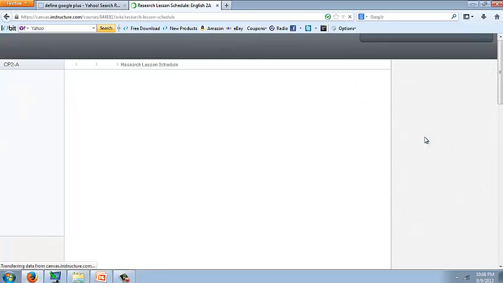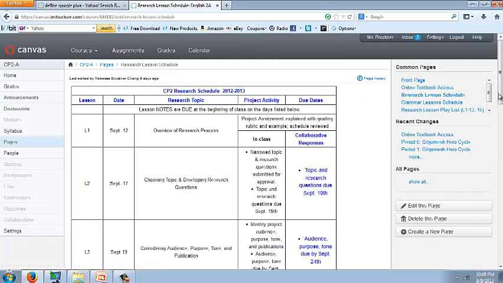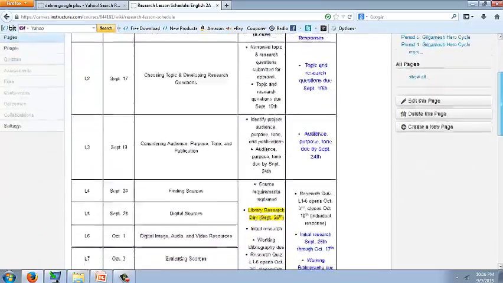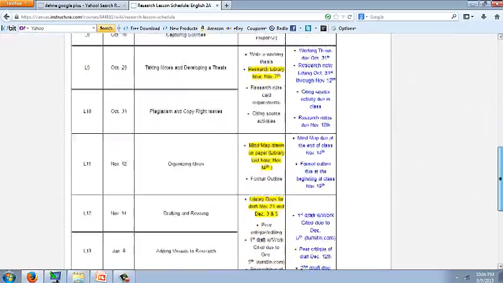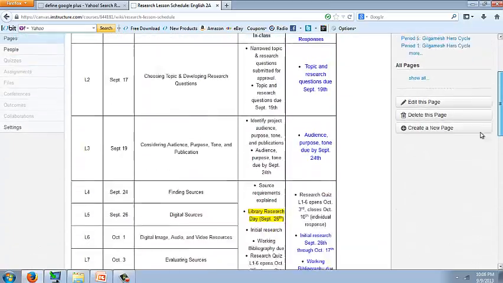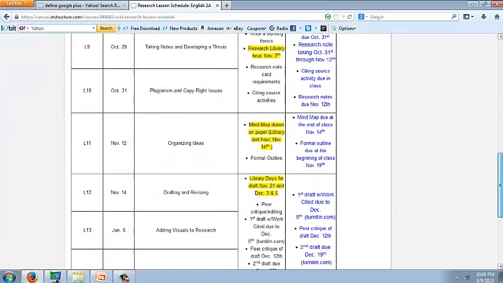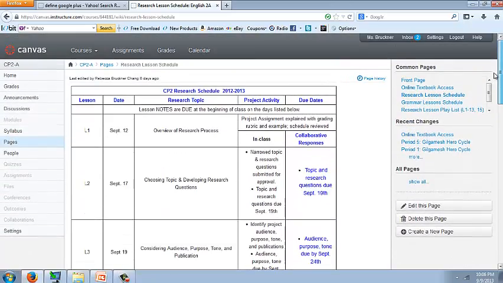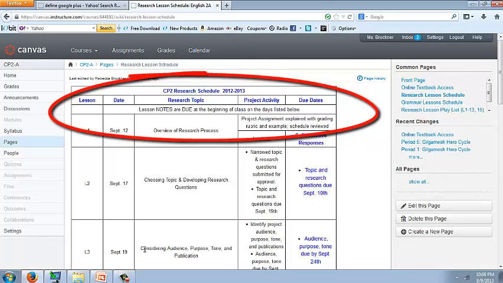And if you open that up, you have here the whole research schedule for this semester. Now, the scheduled in-the-library times are highlighted in yellow. Notice that we have the lesson, the date we're going to do the lesson, the topic of the lesson, and then whatever activity we're doing in class and the due dates for the activity.